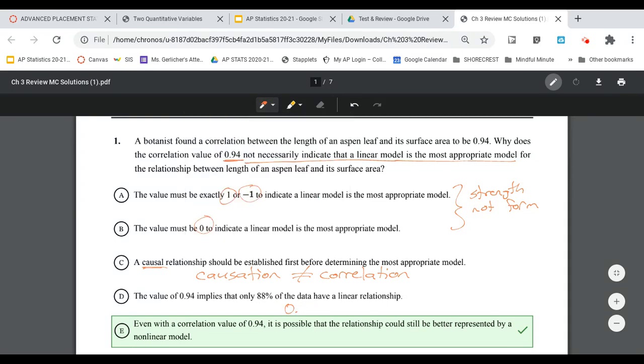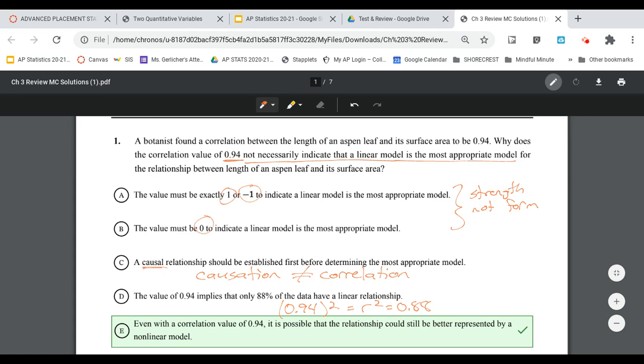If you do 0.94 squared, so you're getting R squared, you would get 88%. But let's think about what that means. This wording is close, but it's not in the end right. So this means that 88% of the variation in your Y is explained by your least squares regression line.